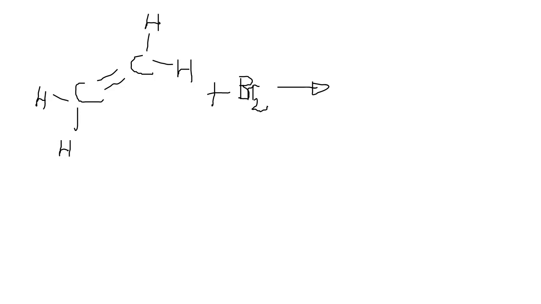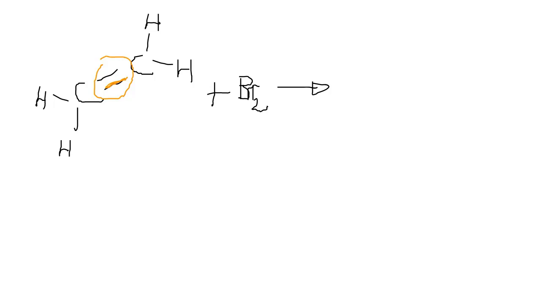This is actually a bromine. And this is something you have to remember, the reaction, but it's not difficult to remember. When you see a double bond, this double bond is much easier to break than a single bond. Much easier to break. So this pi bond will perform an addition reaction.